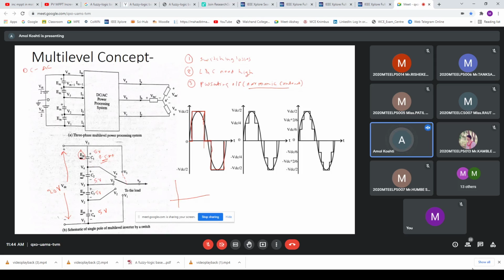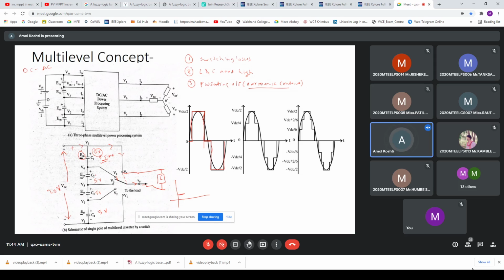From this positive point, current will flow initially through the load, and then it comes to this point and is closed. It means I have taken only this 5 volts across this load. So I have produced here the first 5 volts.